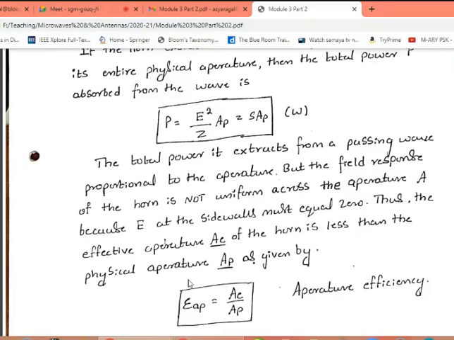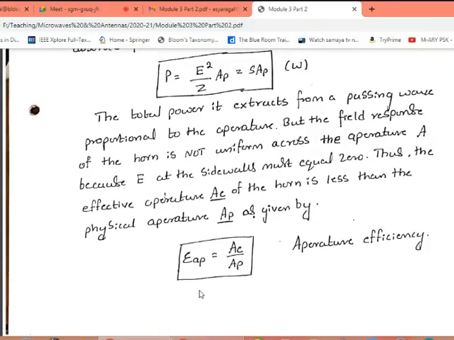Thus, the effective aperture AE of the horn is always less than the physical aperture of the given antenna. So the aperture efficiency is given by efficiency equals AE divided by AP.